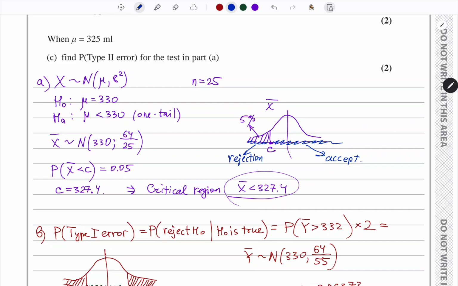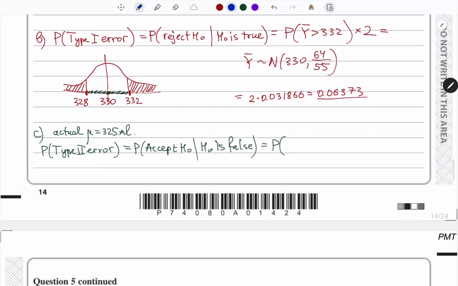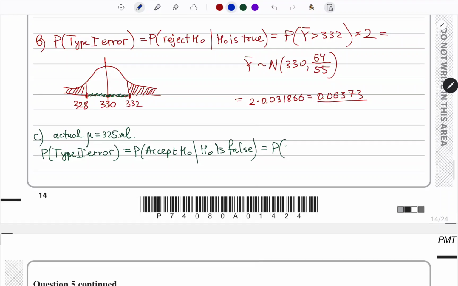Rejection region, acceptance region. So C was found. It's 327.4. So probability that X bar is bigger than 327.37, given that mu is equal to 325. This is exactly how H0 is false. And sigma, what is sigma?